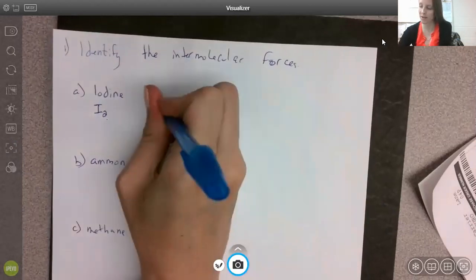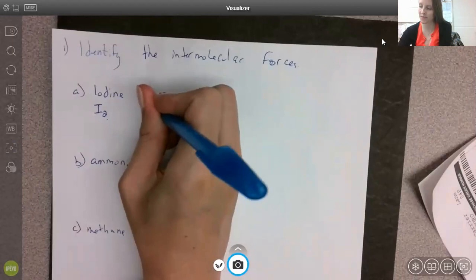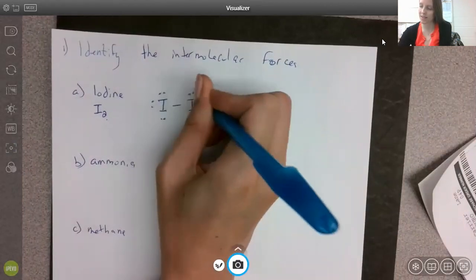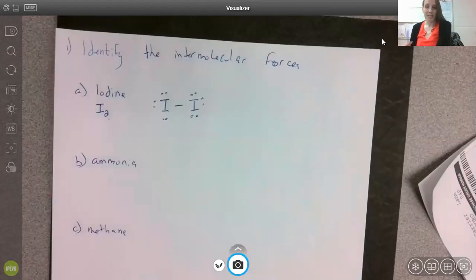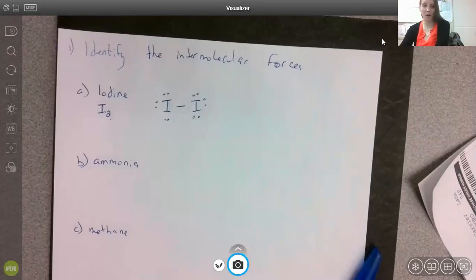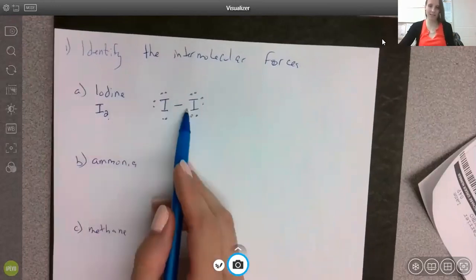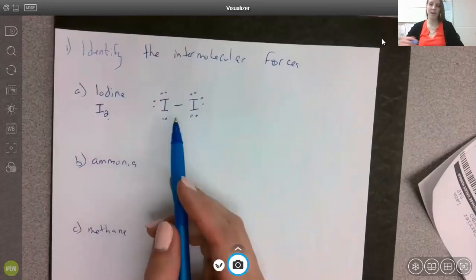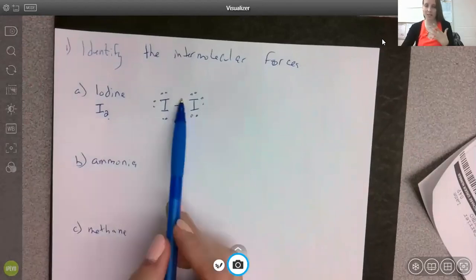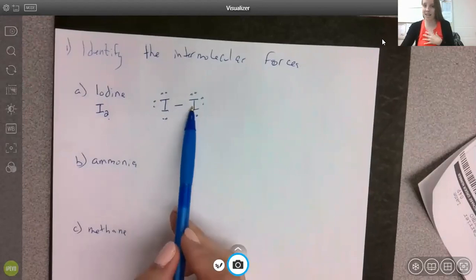Now, if I draw out my iodine, it's going to look like this. So it's linear, but since both of these atoms are the same, neither one is slightly positive or slightly negative. This would be an equal sharing of electrons in this bond because neither of these iodines has a higher electronegativity than the other.